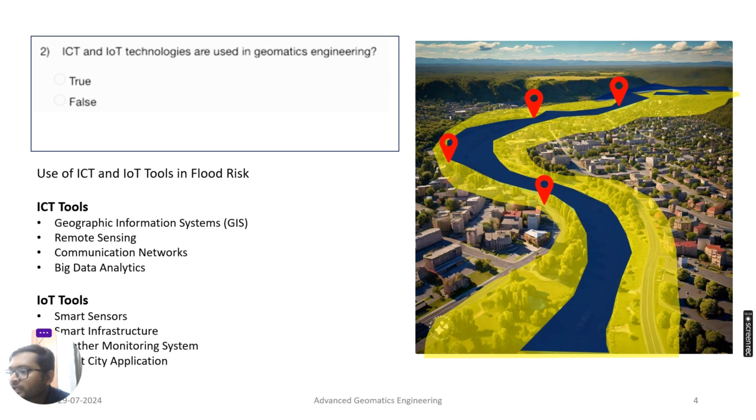After that you will construct the time series and combine the data of the last 30 to 40 years, and check whether the current water level is at a high risk level, high flood level, or a danger level, and so on. And once it crosses the danger level, you will send alerts to the nearby community. So IoT tools means collecting data through sensors and taking decisions from that.